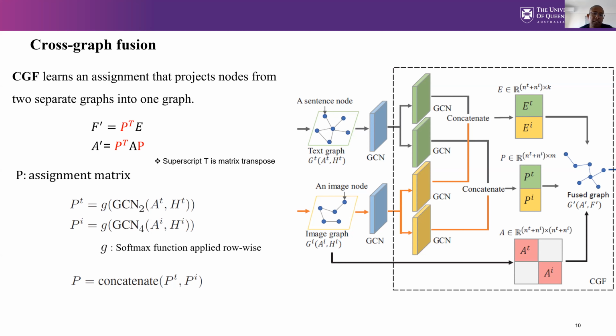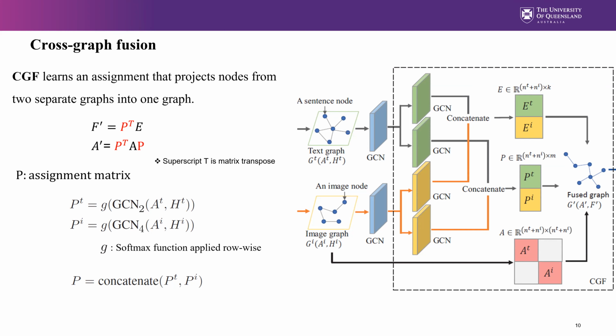And also, did you explore any different ways to create the image graph, or are there different alternatives if you need to create an image graph? Like you mean how to construct the image graph and the text graph? Yes, please.